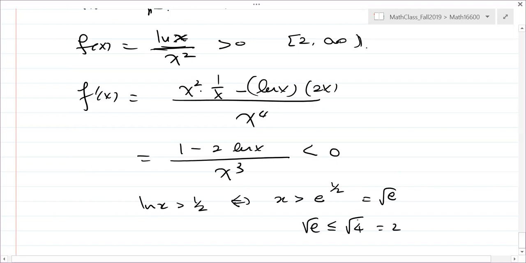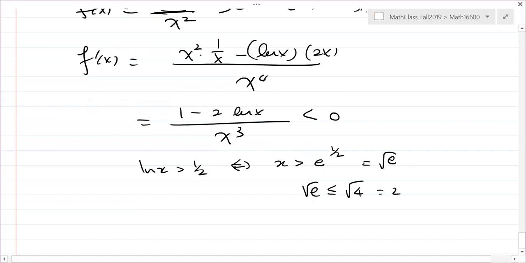So we guarantee that if x is greater than 2, then natural log x is greater than 1/2. So this holds for x greater than or equal to 2, and probably for any large number. That's enough.